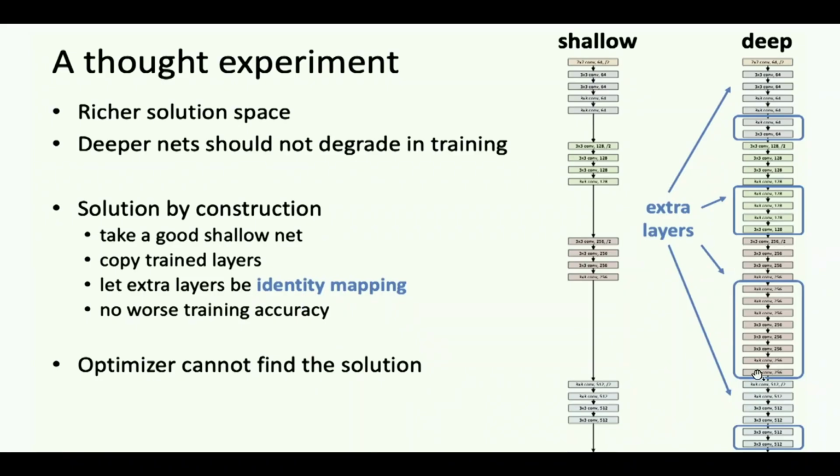So the deeper network should always be able to capture what the shallow network could capture. With the same training data, the shallow network should be only one solution to the deeper version of it, because the deeper one is more expressive and should be able to learn the things in between.